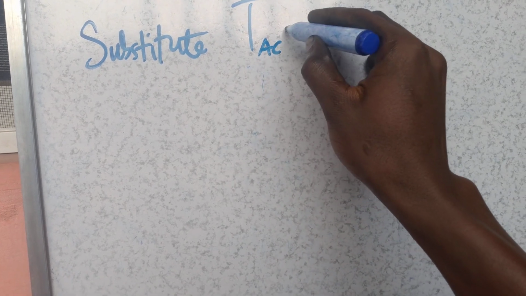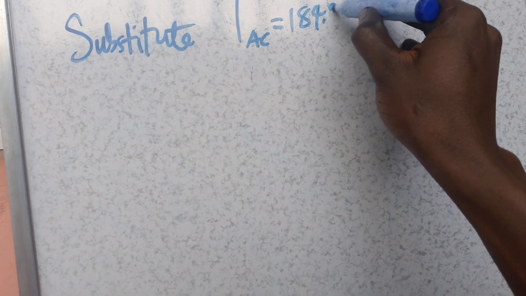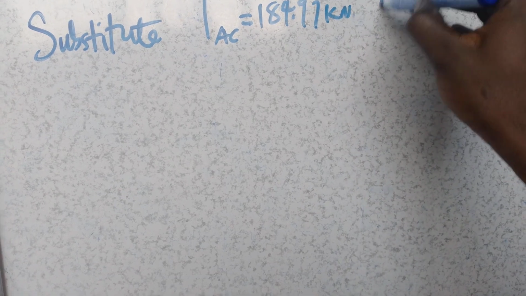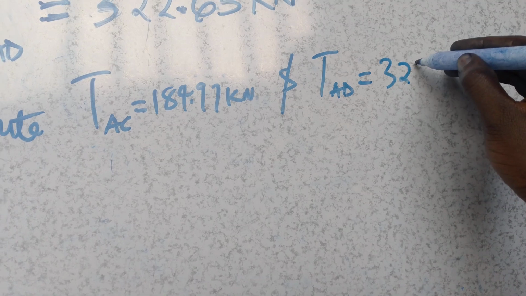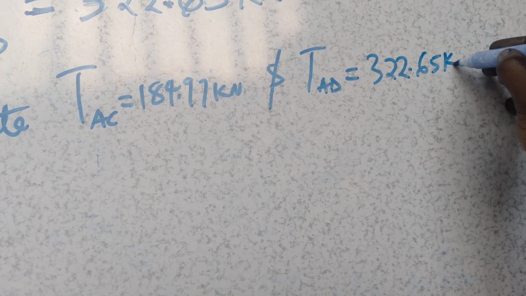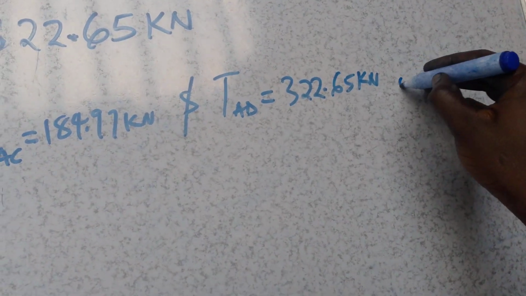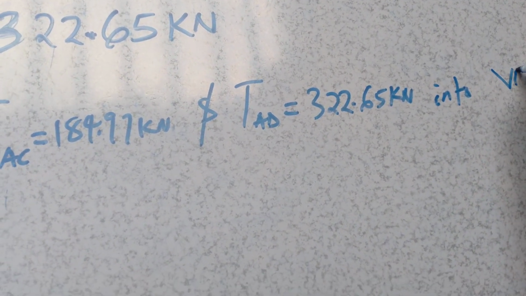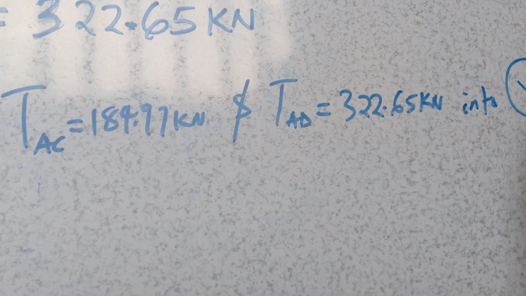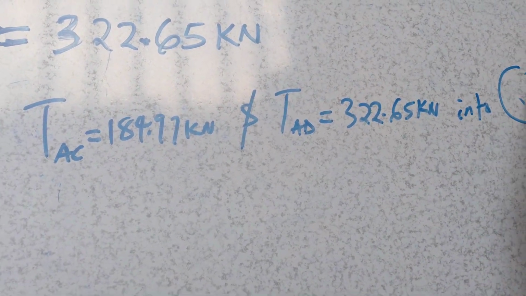So I substitute TAC equals 184.97 kilonewton and TAD equals 322.65 kilonewton into equation 7.